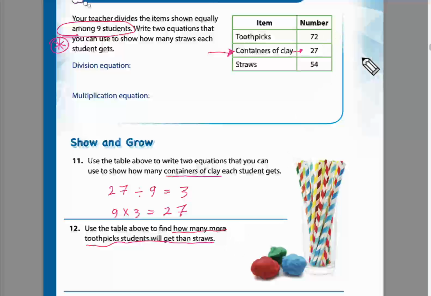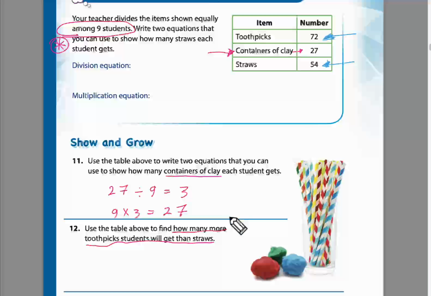These are the toothpicks, 72, and this is the number of straws. This is the total number. So we need 54 straws.